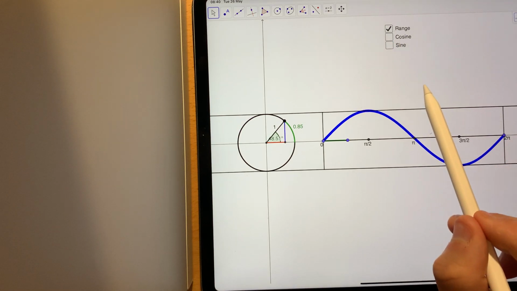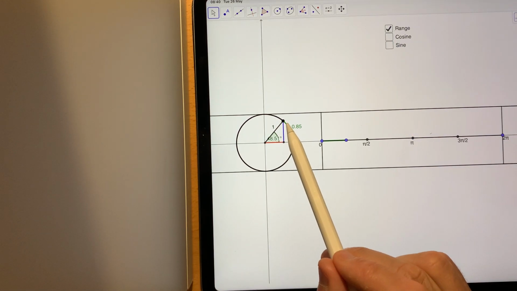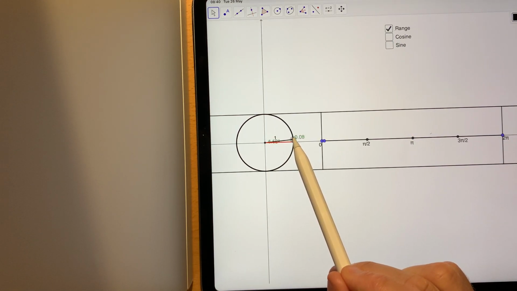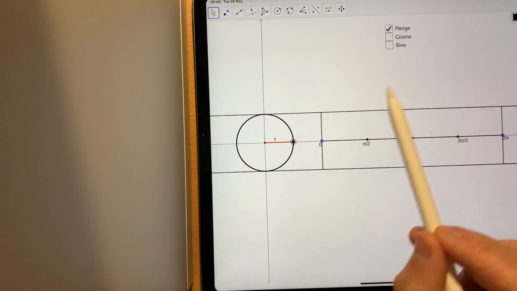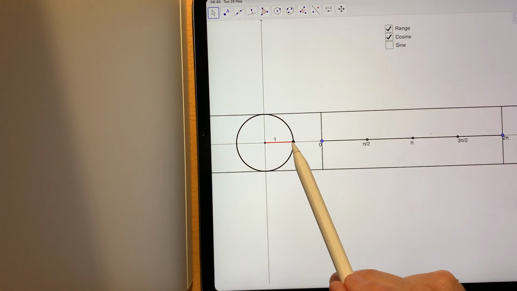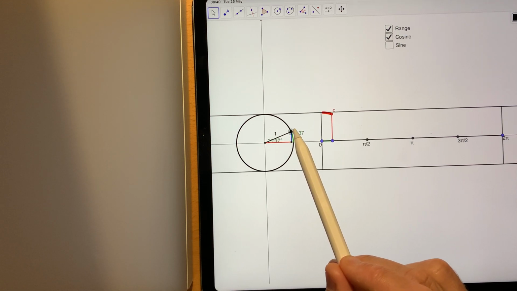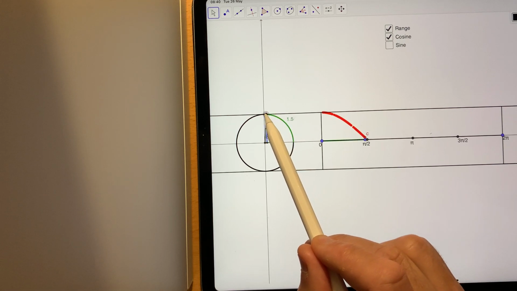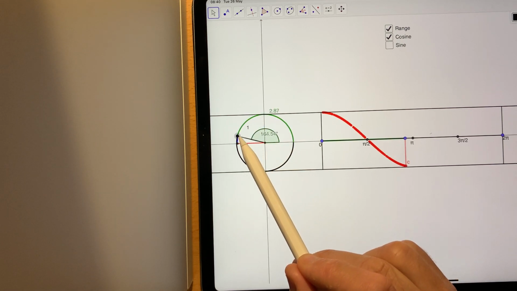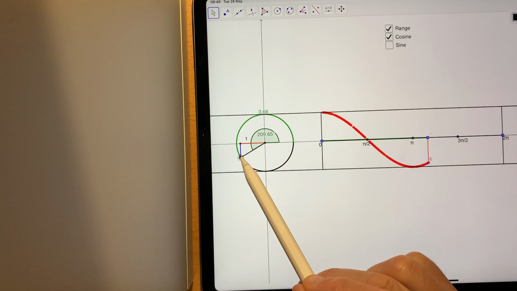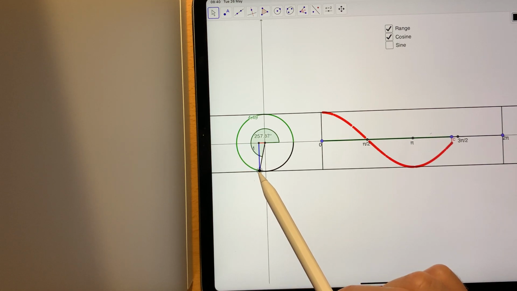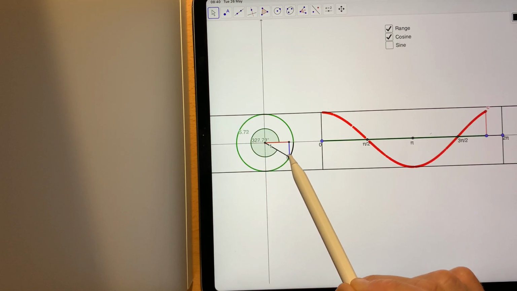Same thing for cosine. Look, cosine starts here at 1. Let's switch on cosine. It starts at 1, and it goes down to 0, goes even further down to -1, it goes up to 0, and it goes even further up to 1.